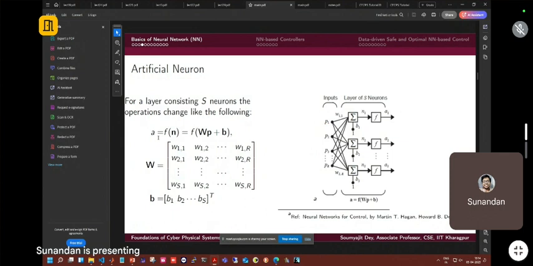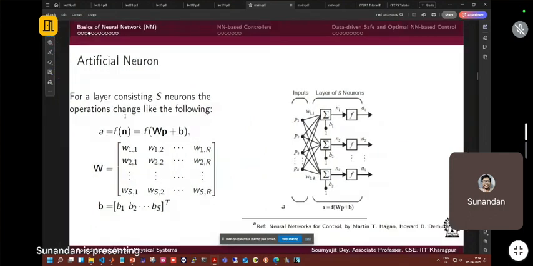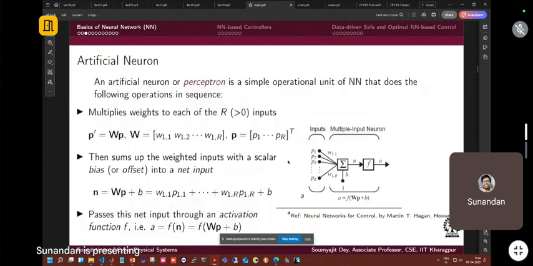If we consider only one layer, consisting of S neurons, and the input is P, this is how the output A looks after going through the weights defined for each of the edges connecting these nodes, along with a bias.